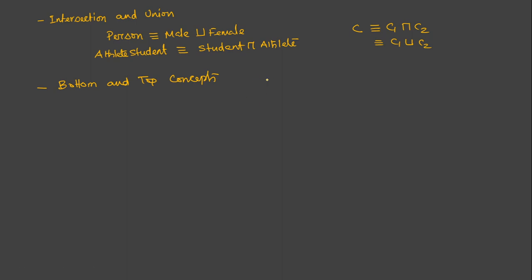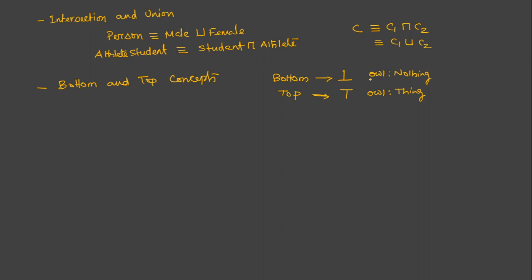Bottom concept we know is represented with this symbol, which means owl nothing, and the top concept is represented via this T symbol, and it is equivalent to owl thing, which is basically the superclass of all the classes, and this bottom class is a subclass of all the classes, right?